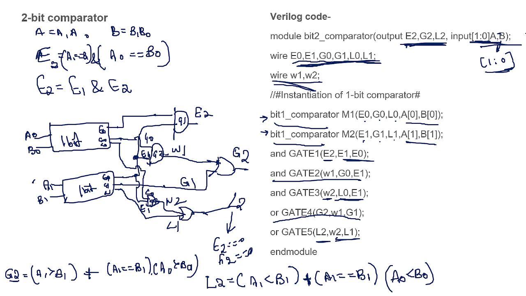Madam, what is a primitive? There are two types of primitive. A primitive is something you cannot break down further; it is a predefined gate. In Verilog we have some primitive gates. For AND, it is defined so that when the inputs are 0, 0, the output is 0.